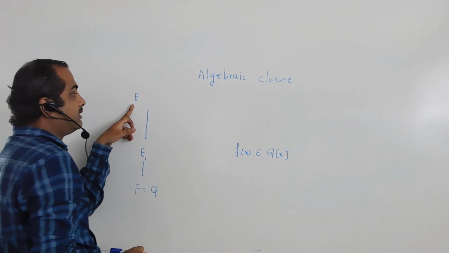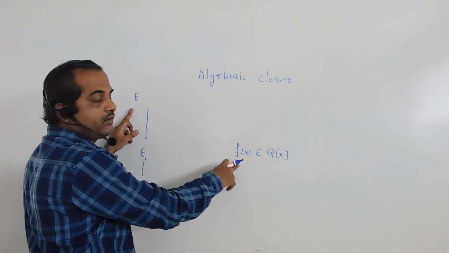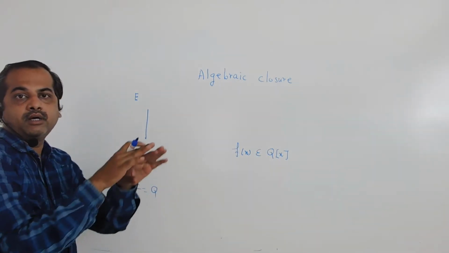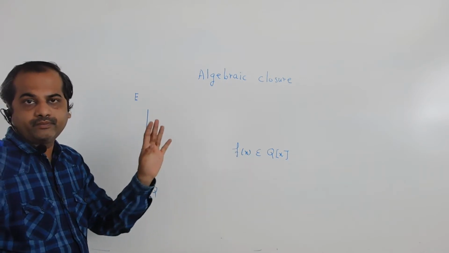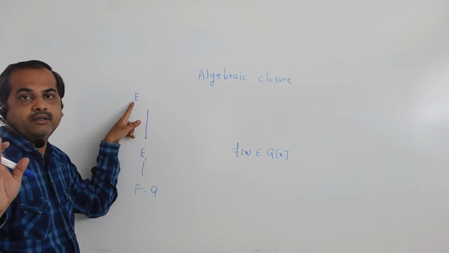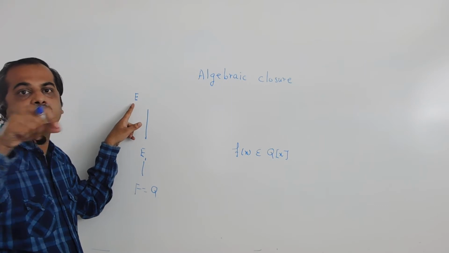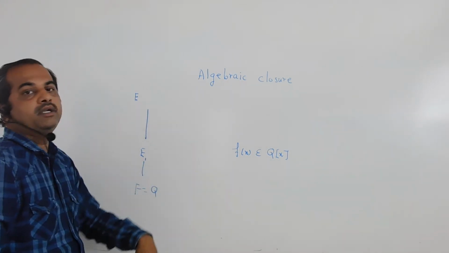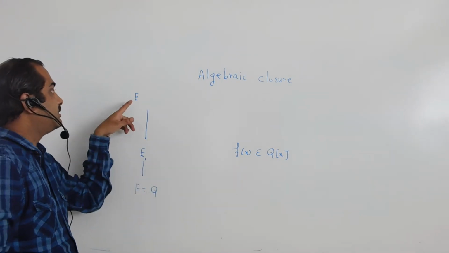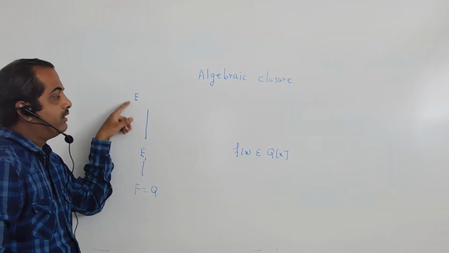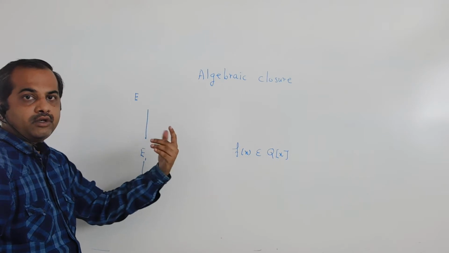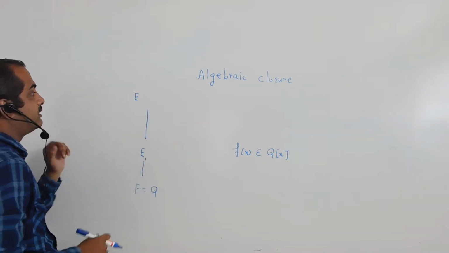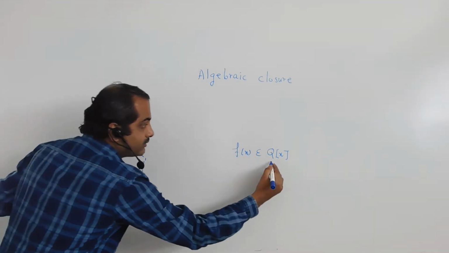This means that for any f of x in Q of x, f of x completely splits into E. Splits means it can be factorized into degree 1 polynomials. So all the roots of that f of x lie in this E. Take any f of x in Q of x, find the roots, and they lie in E. This is important.